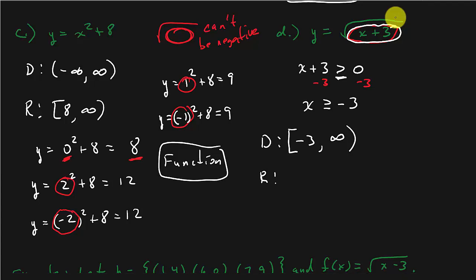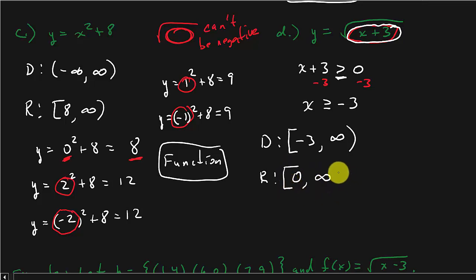So the square root of something is always positive. Can it equal 0? Yes, we showed that a while ago: the square root of 0 is 0. So our answers can be 0 and then positive numbers. That's everything from 0 to infinity, and the 0 is included, so we put a bracket there.